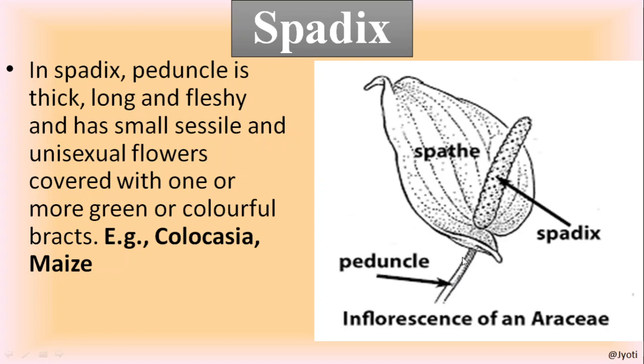This is the continuation of the peduncle, and the peduncle bears a large number of small sessile unisexual flowers. You can see these are the small flowers attached to the peduncle, and these flowers are sessile. They don't have a stalk, and all these flowers are unisexual.